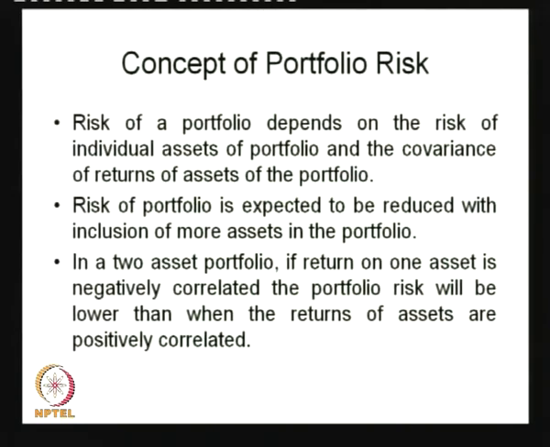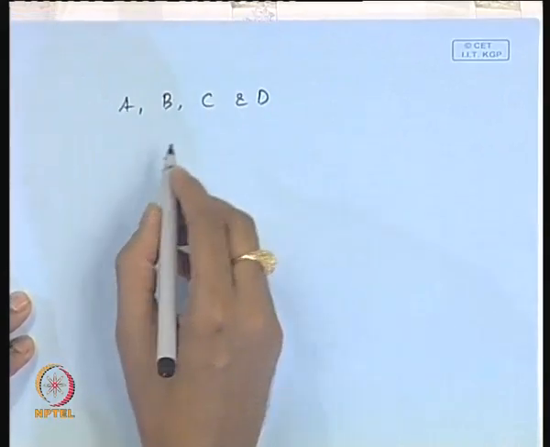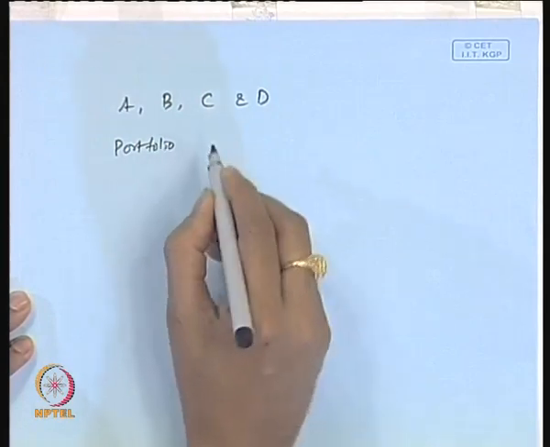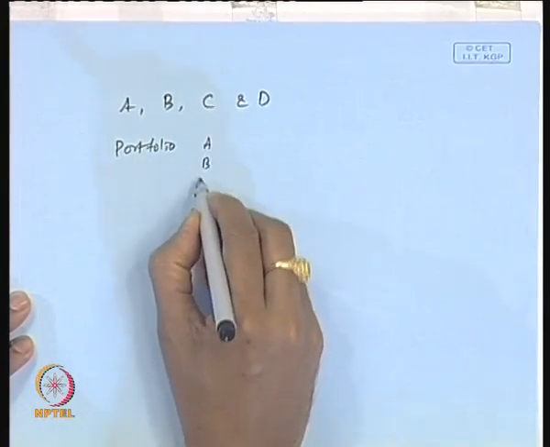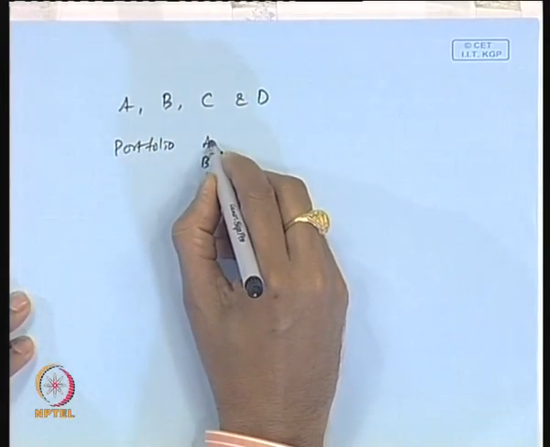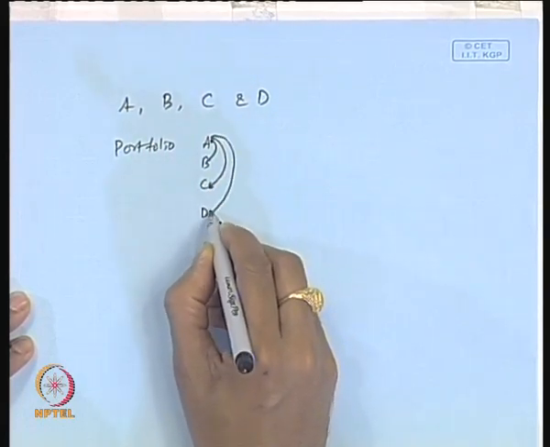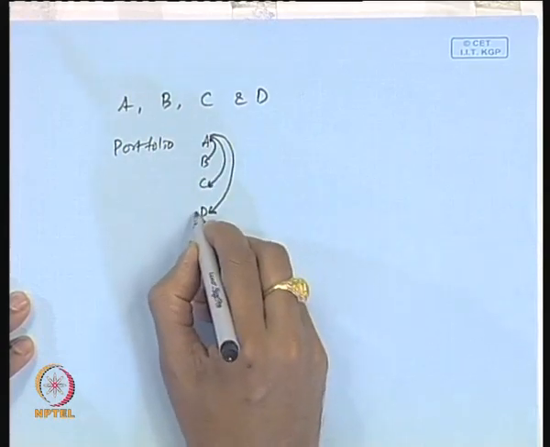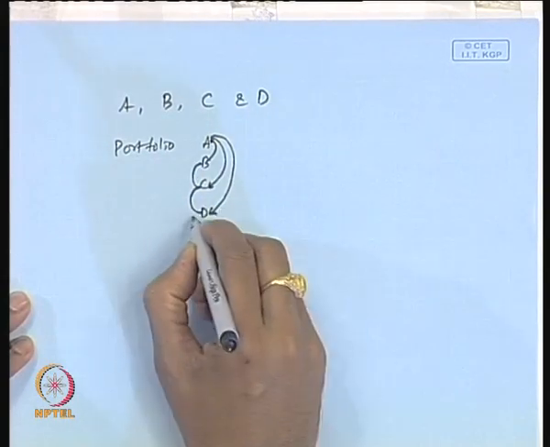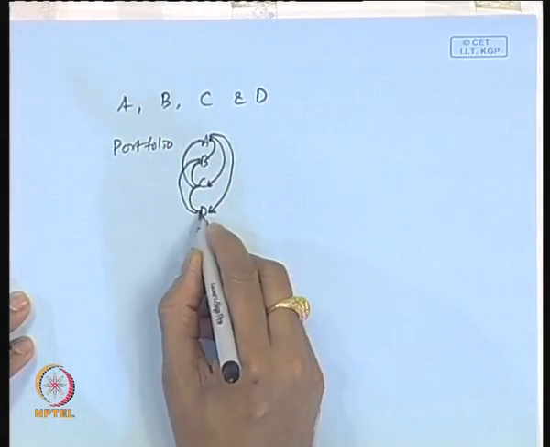That means if there are assets in a portfolio like A, B, C and D, the risk of the portfolio which comprises these 4 assets will depend upon the risk of the individual assets A, B, C and D, and how they move with each other: how A moves along with B, how B moves along with A, how A moves along with C and how C moves along with A, and how A moves along with D and D moves along with A. Similarly, how D and C are related, then how C and B are related, and how D and B are related. That means as many pairs as are possible for the relationship.